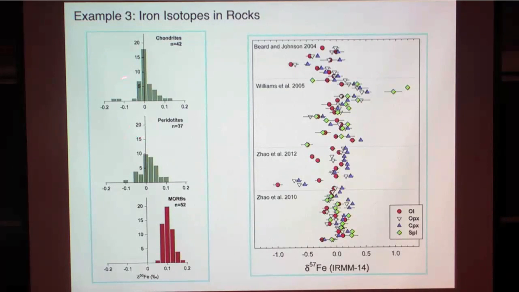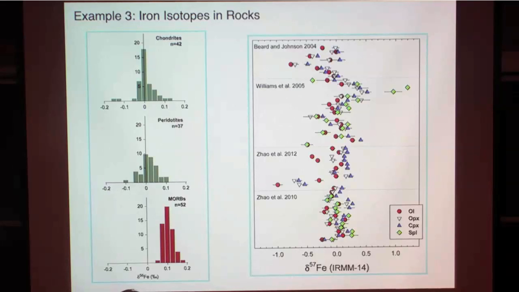So chondrites are basically at 0 relative to the standard. Peridotites, abyssal peridotites in this case, are basically 0, and MORBs are 0.1 per mil heavy. 0.1 per mil in iron is considered very heavy. So what we see is that the bulk silicate Earth is chondritic, and that MORBs are slightly heavy. Why are MORBs heavy? We're not exactly sure. Partial melting, maybe.